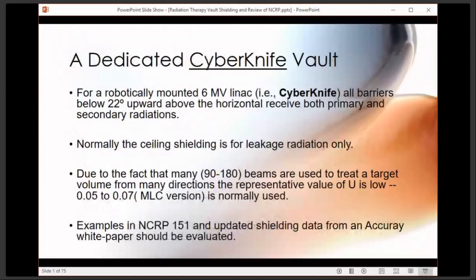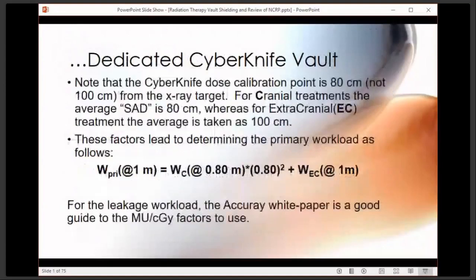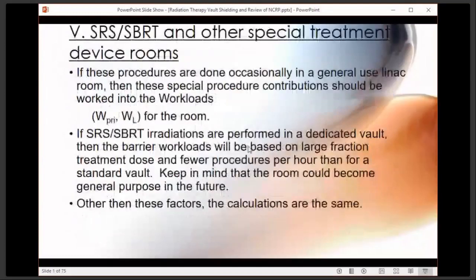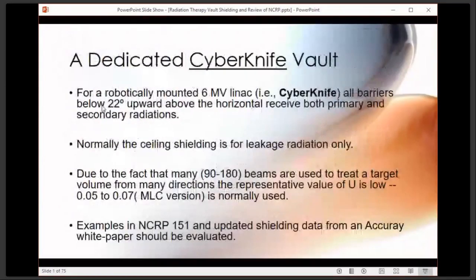The main difference is that the beam points all over the place, and every barrier is really a leakage barrier and a primary barrier, except for the ceiling. The CyberKnife does not point above 22 degrees above the horizontal, and therefore the ceiling is only for leakage radiation. But all the other barriers are primary and leakage. Use factors are low because there's many beams involved in a plan.